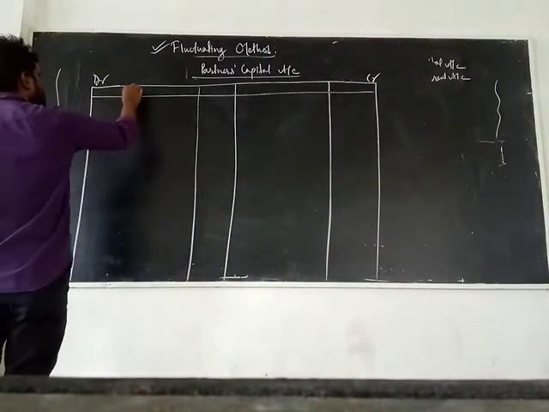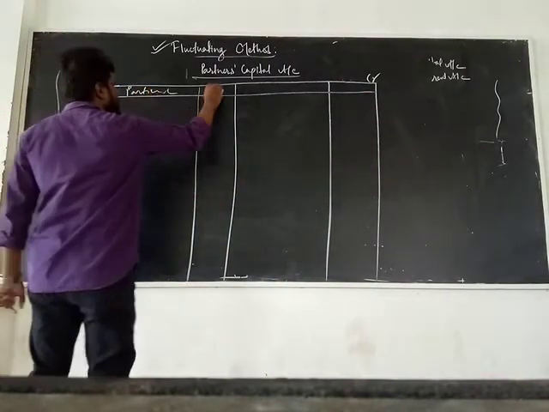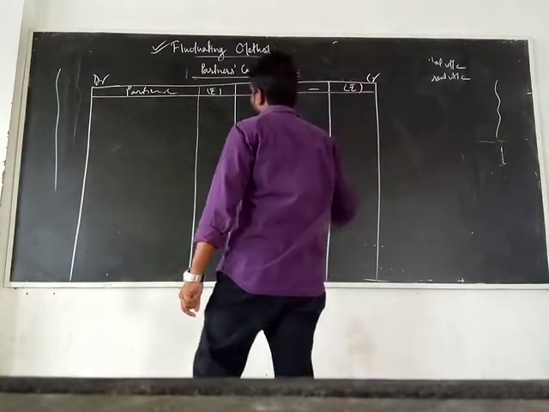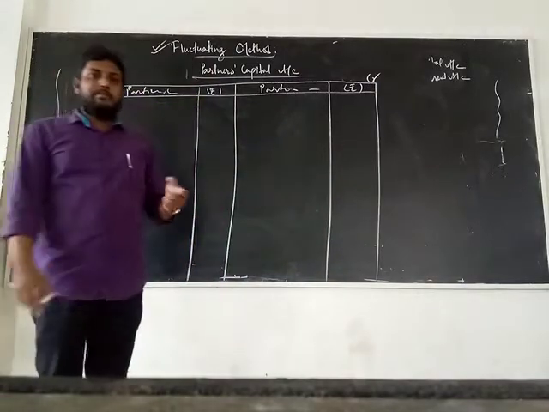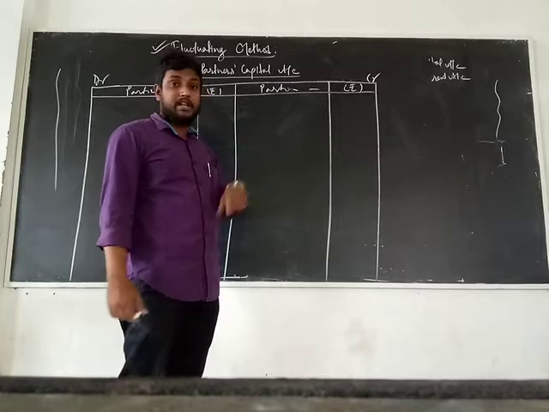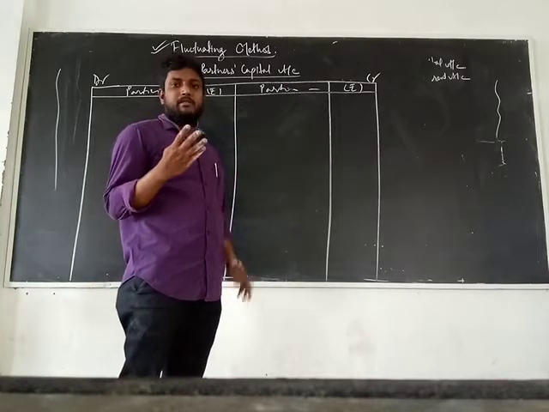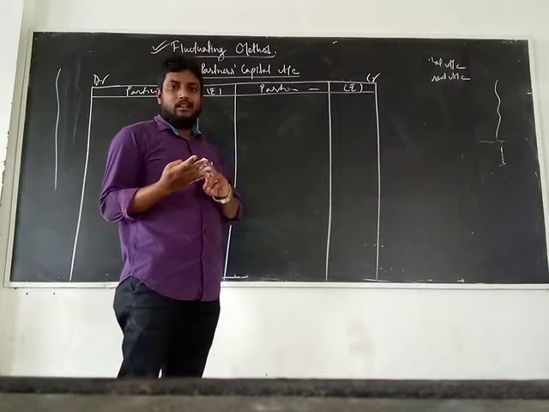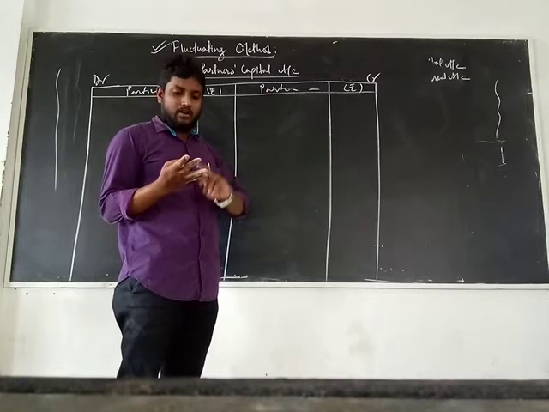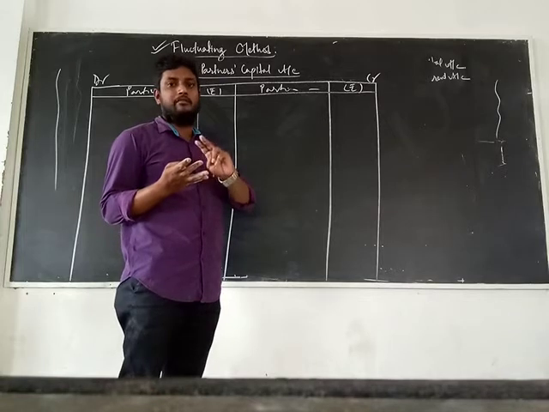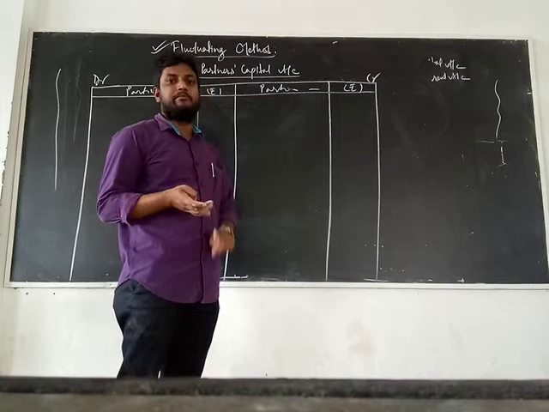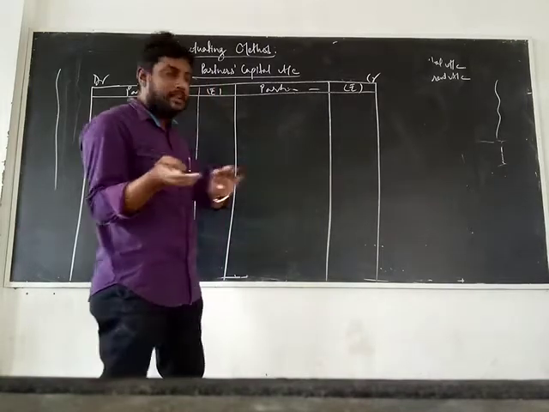This is your particulars, this is amount, this is your particulars, this is your amount. Can you remember, in my last class I showed under the head of partner's capital account, the balancing figure will come. Then either additional capital if the partners introduce during the year, or if they withdraw money from the firm. Only those two entries used to come. Got it? So both entries will come here itself.